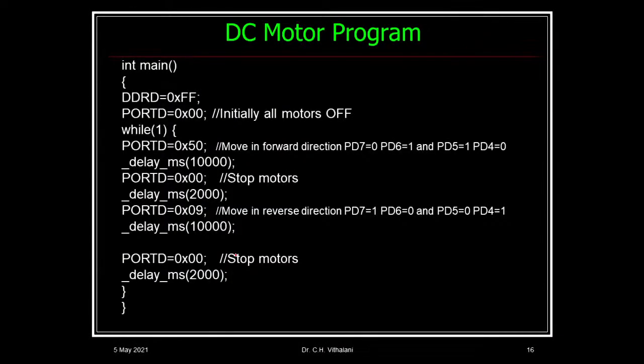This is a sample program for this. DDRD equal to 0xFF, that means this port D we are using to control the motor. PORTD equal to 0x00, that means initially all the motors are off. PORTD equal to 0x50, 50 means 0101, that means PD5.